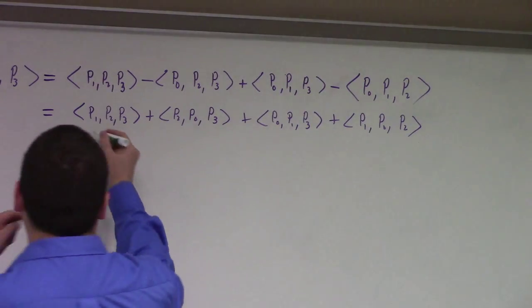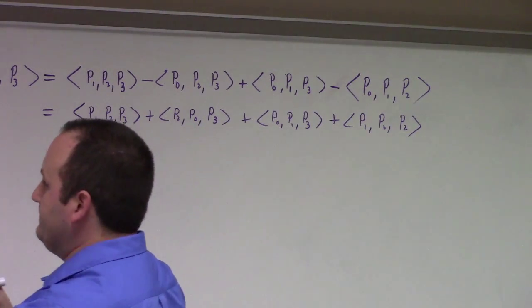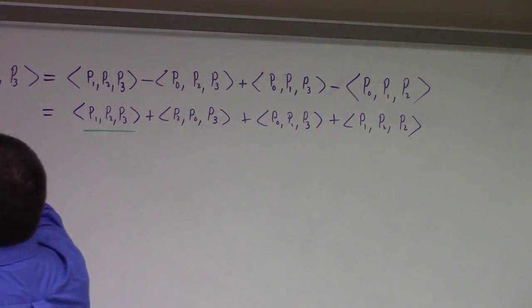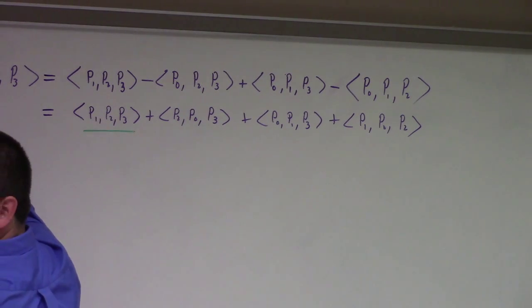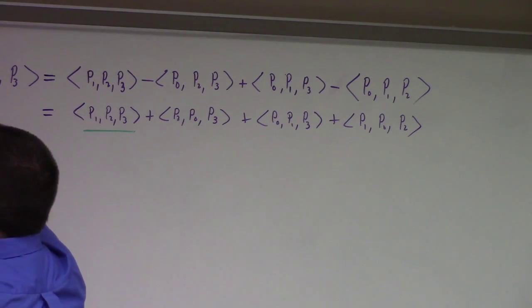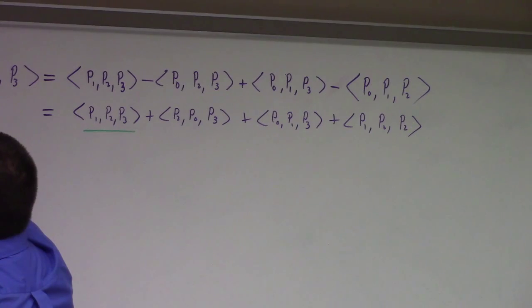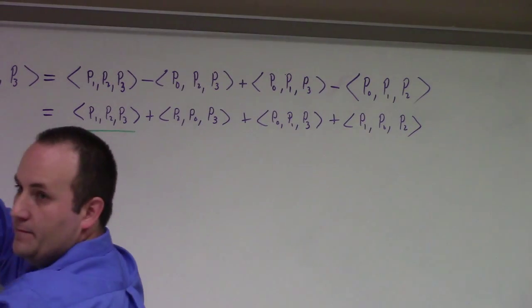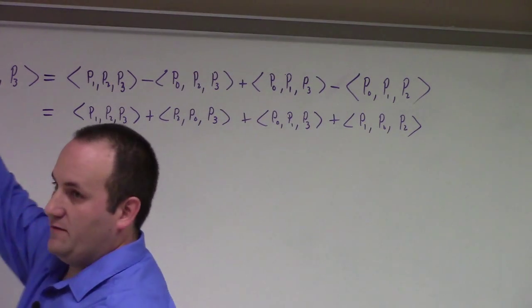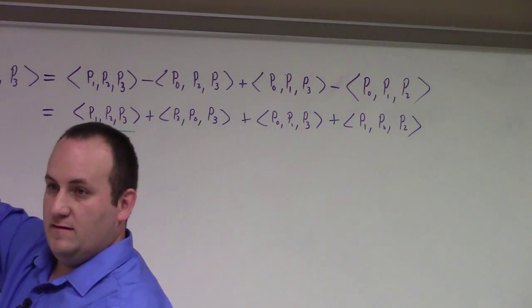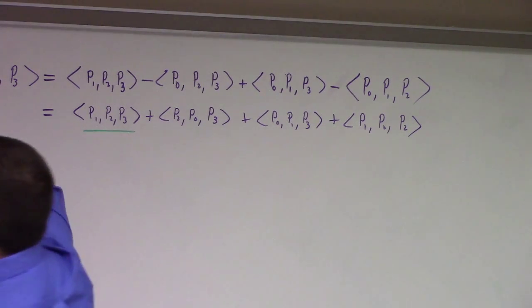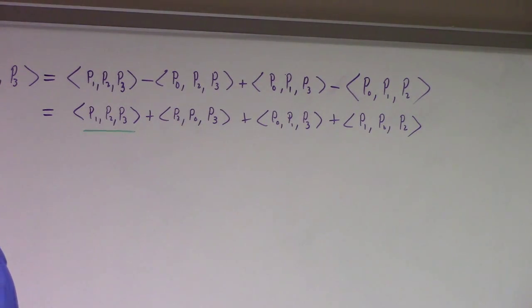This 1, 2, 3 guy, where is that? If I use the right-hand rule, it looks to me like we are describing the inward pointing orientation of the tetrahedron here.